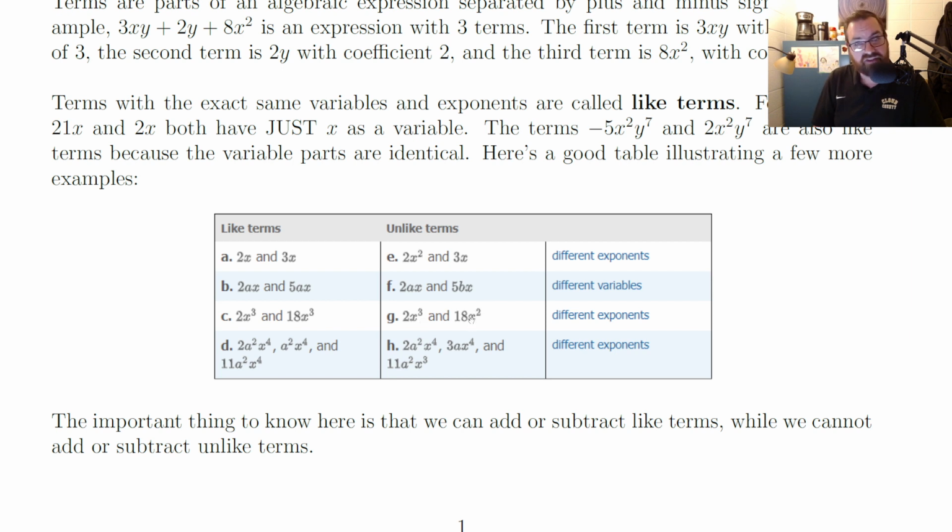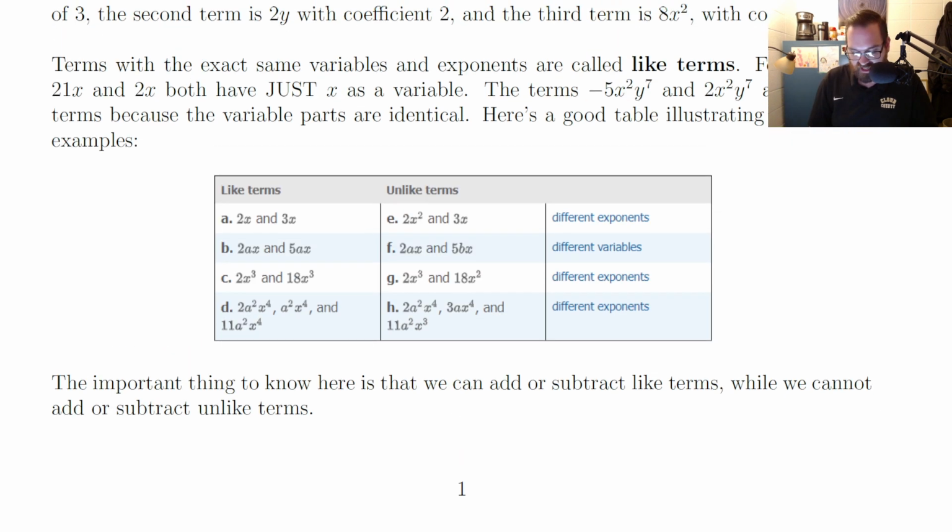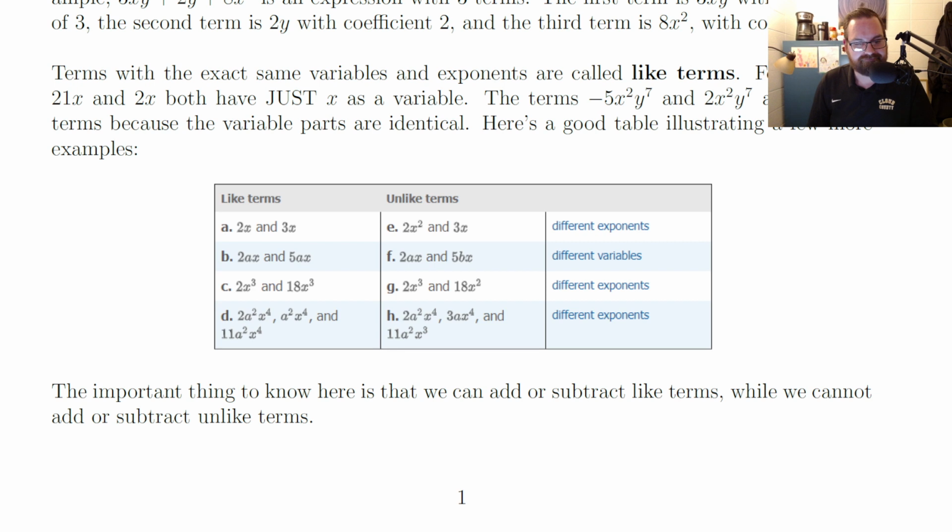Again, same variables, but different exponents, so they're not like terms. a squared x to the fourth, ax to the fourth, a squared x to the third. While they may have the same variables, they all have different exponents. So again, when you're comparing like terms, they have to be completely identical in terms of their composition of those variables.